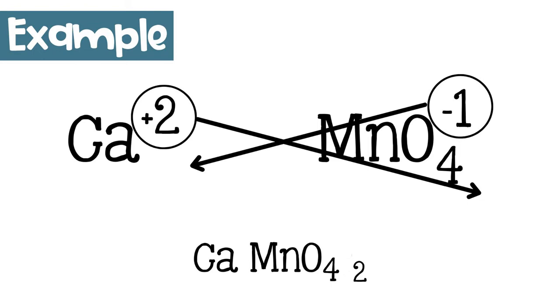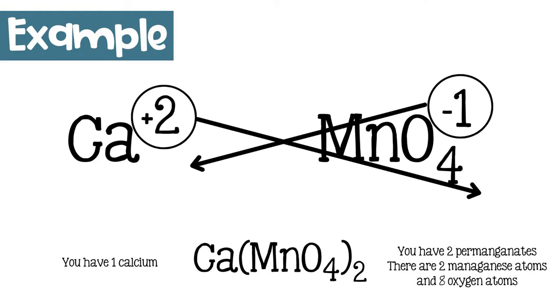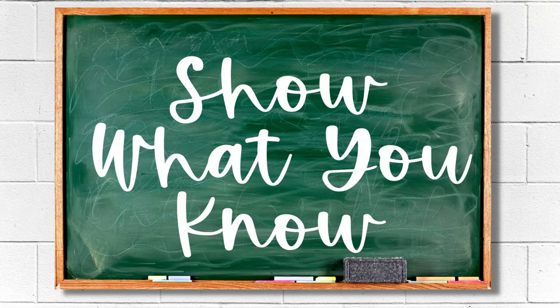So instead, we put parentheses around the whole polyatomic ion, and the 2 is going to apply to every element in the parentheses. So we have 1 calcium, 2 manganese, and 4 times 2, or 8 oxygens.